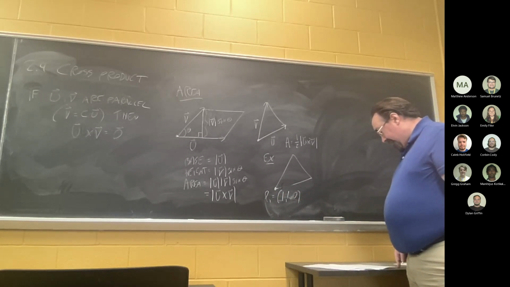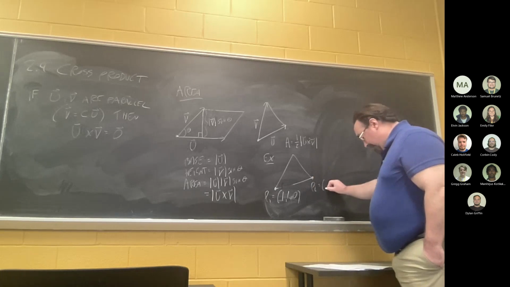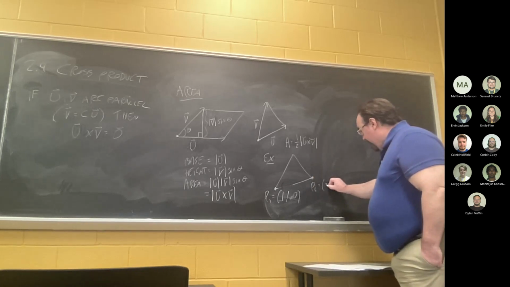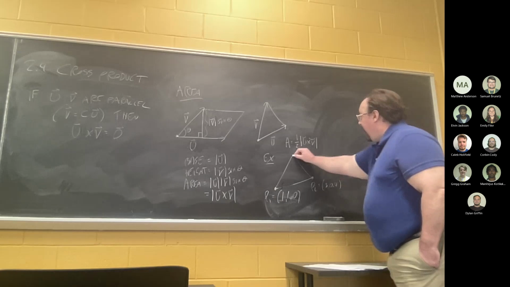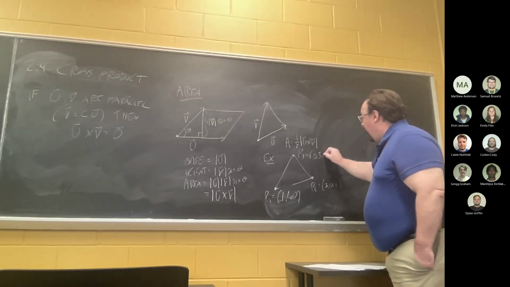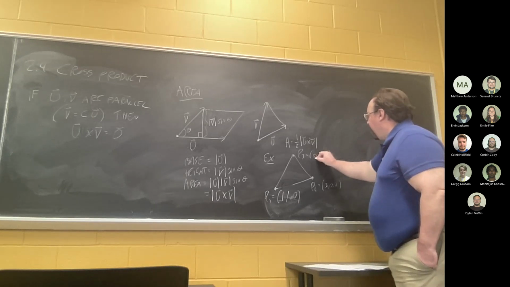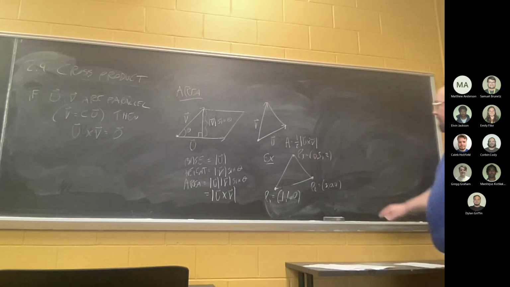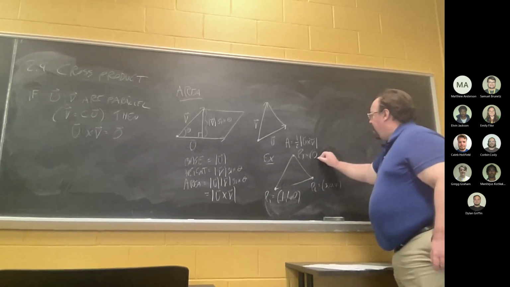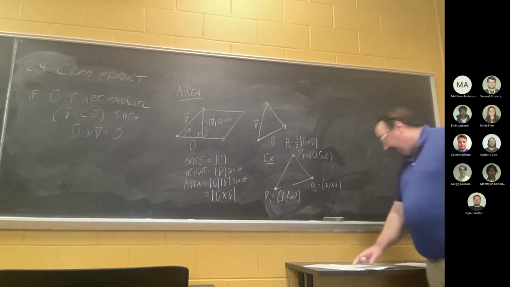And then I have the second point P2, which is (3, 0, 4). And then the third point P3, which is (0, 5, 2). So I want the area of this triangle.